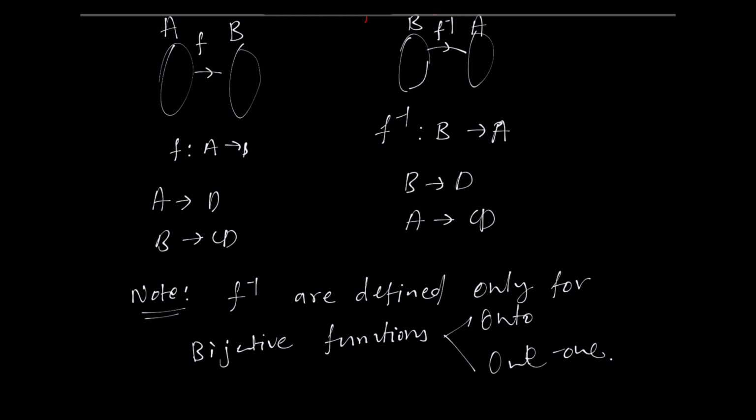Surjective means onto function, injective means one-one function. And an introduction to the inverse function. Inverse functions are defined only for bijective functions. I hope you understood the concept well for the day.